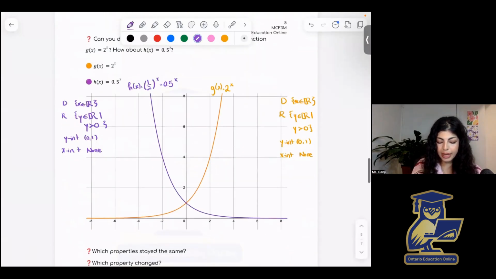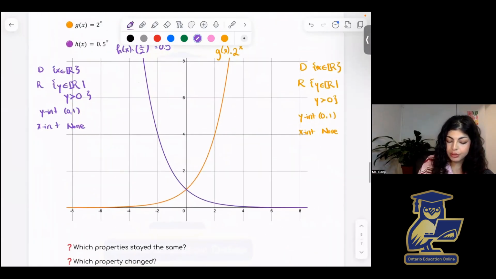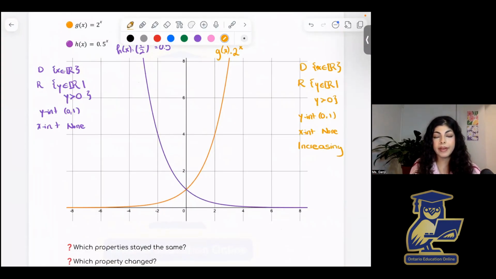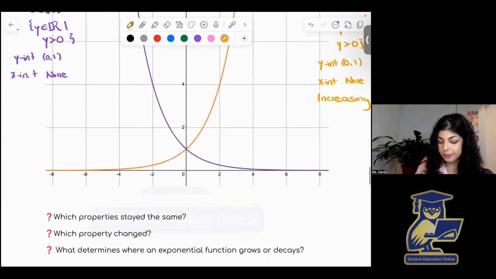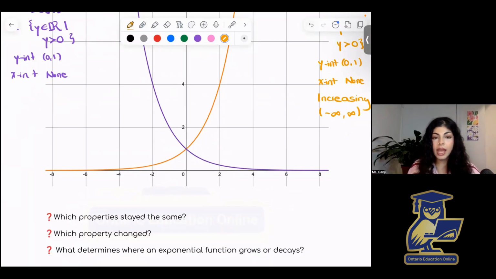Then we have our increasing and decreasing intervals. So y equals 2 to the power of x is actually an increasing function. So then negative infinity to infinity is where it's increasing. And I don't even need to acknowledge the decreasing at this point because this is my whole domain.